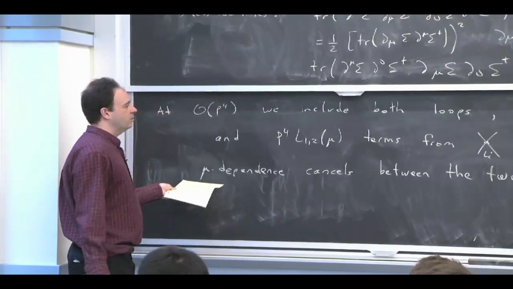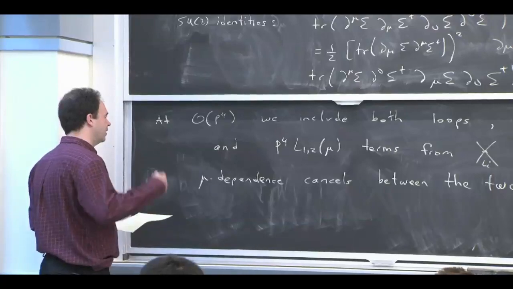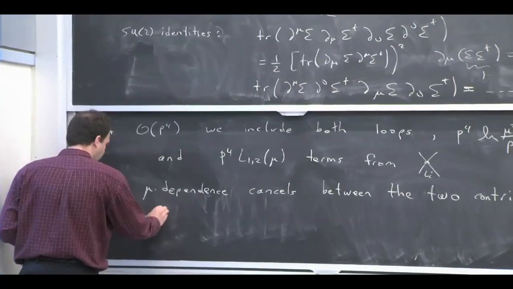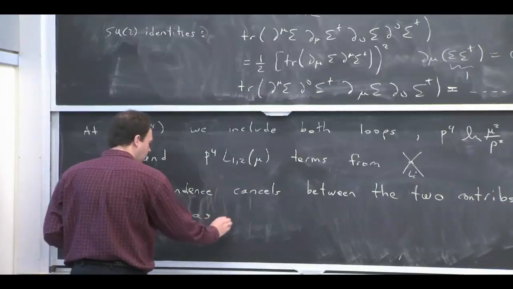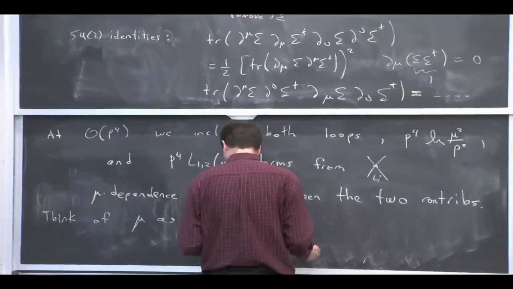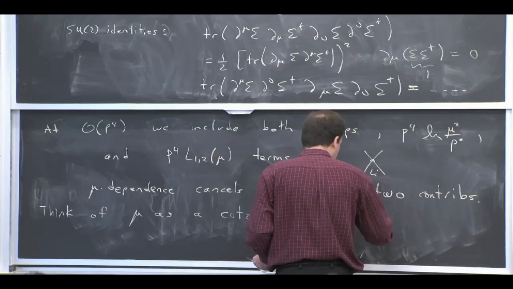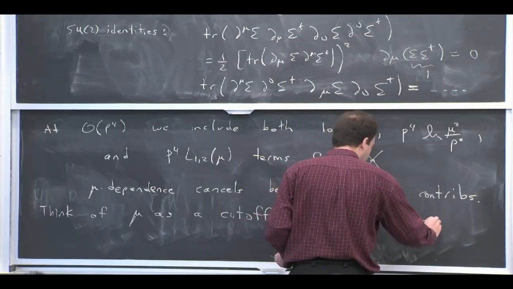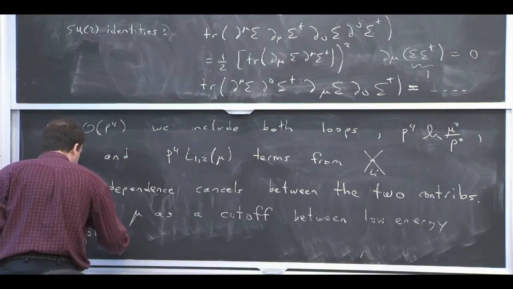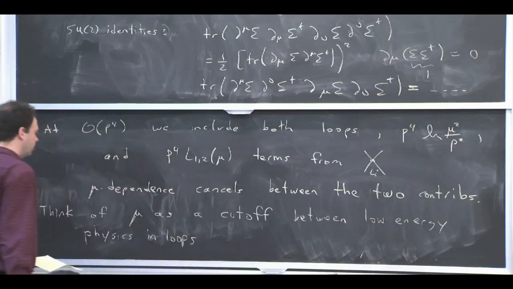So the way that you should think of this is you should think mu is a cutoff. It's not a hard cutoff, but it is a cutoff. And what the cutoff is doing is dividing up infrared and ultraviolet physics. In this case, the low energy physics is in the matrix elements, in the loops, where we have our propagating low energy degrees of freedom, which are the pions.